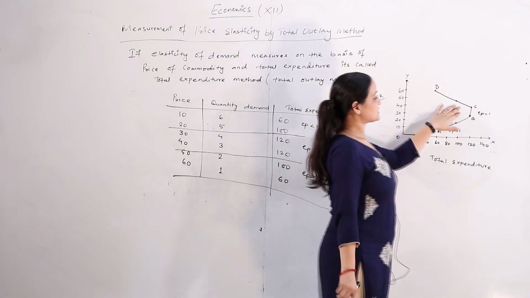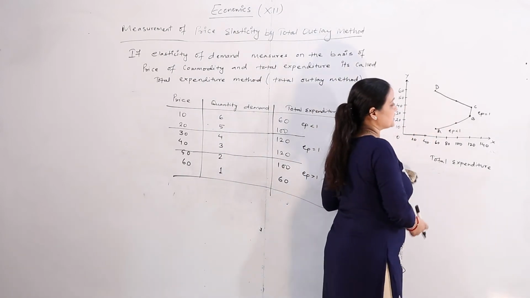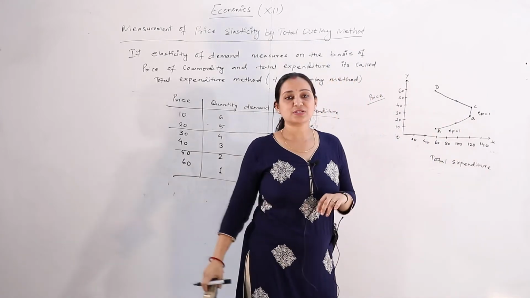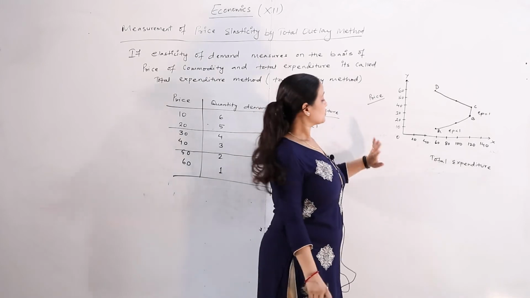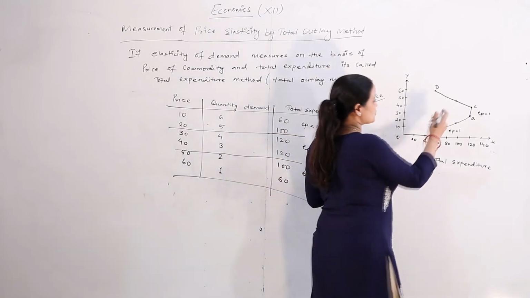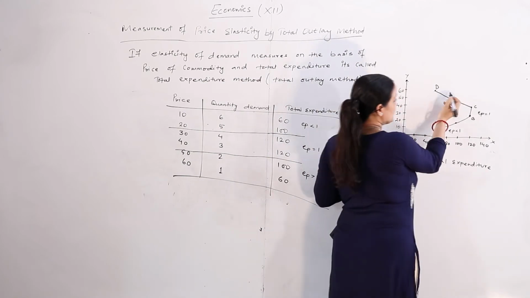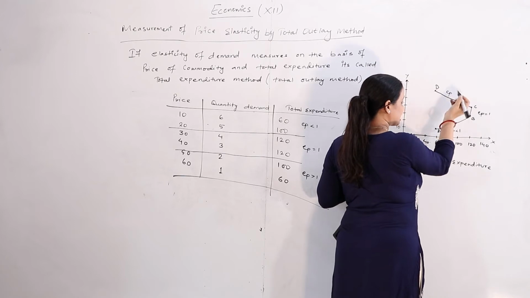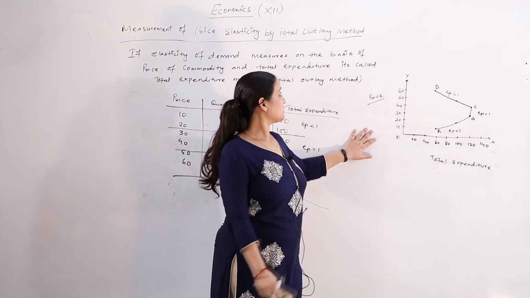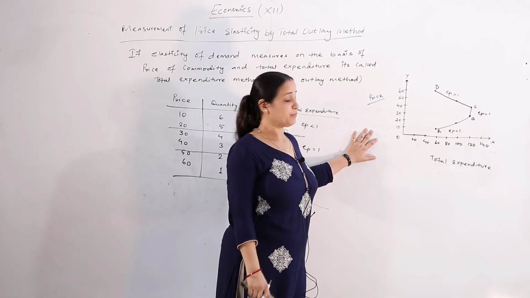So the B to C segment shows the elasticity of demand is equal to unity, and the C to D segment shows that when the price of the goods and services increases, the total expenditure on the goods and services will decrease. So here is an inverse relation between the price and total expenditure. So price elasticity is greater than unity. So the given figure shows the measurement of elasticity through the total expenditure method.